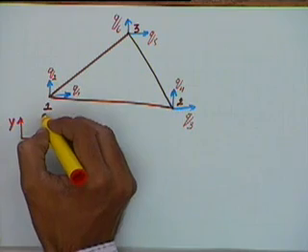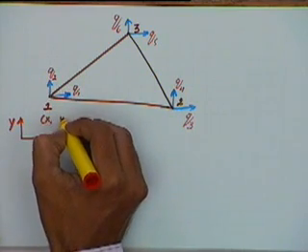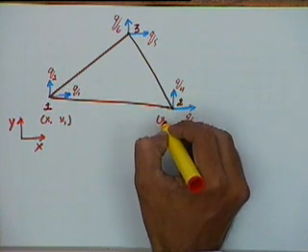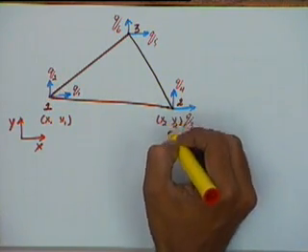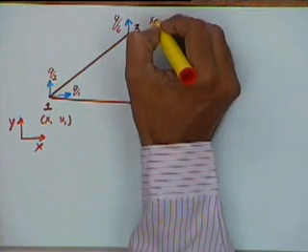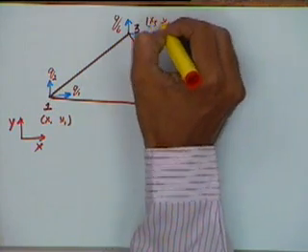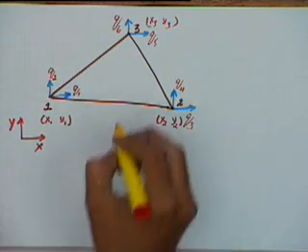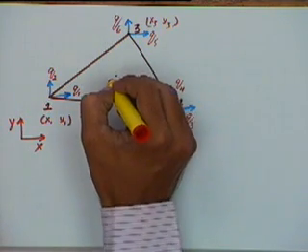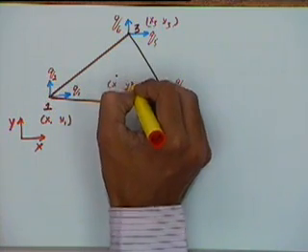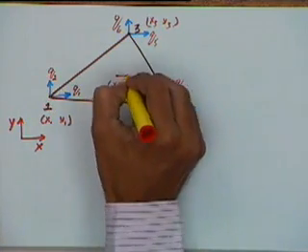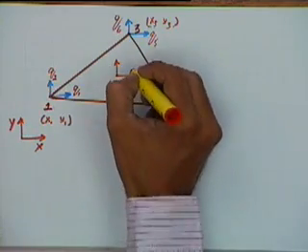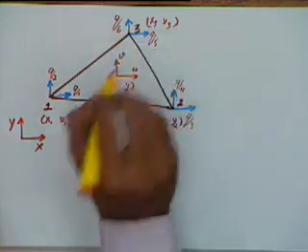Okay, the coordinates will be given by x1 y1, x2 y2 and x3 y3. Okay, if we consider any arbitrary point here with coordinates of xy, that will have a deformation in the 2 directions given by u and v.